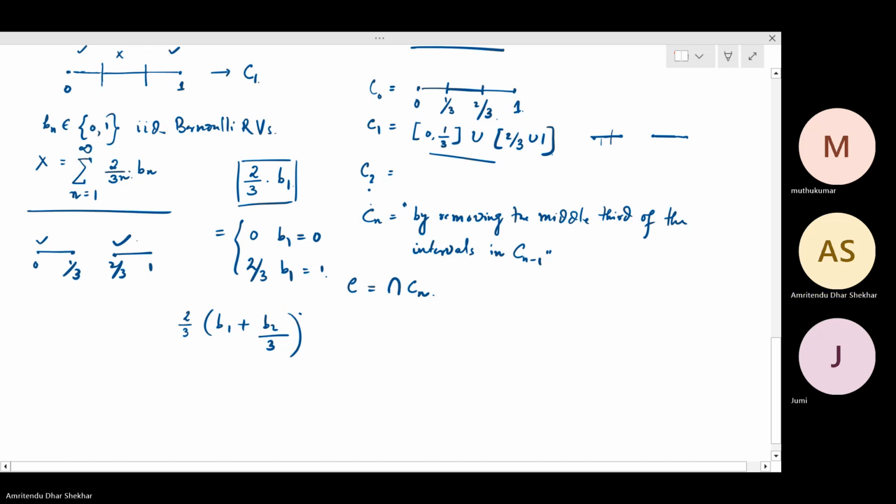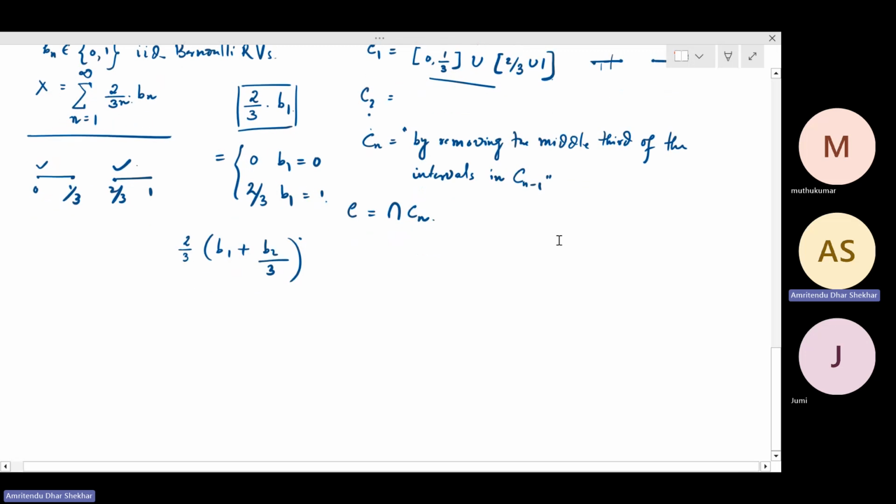So X is a random variable that takes values in the Cantor set. Now the thing is that at each point of the Cantor set, X is not differentiable.